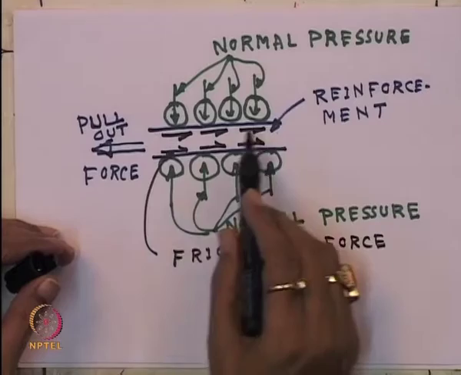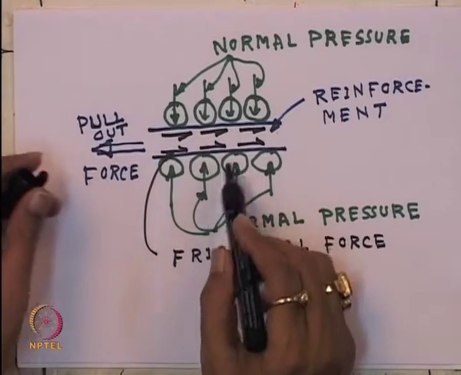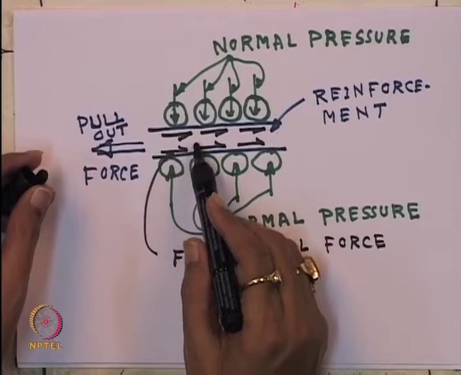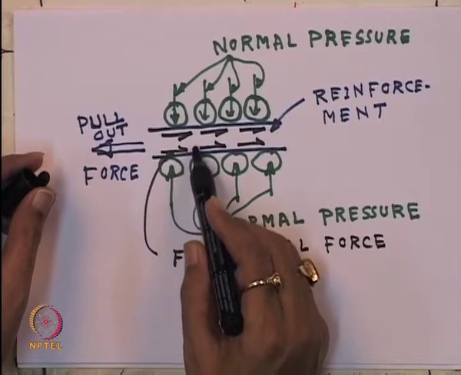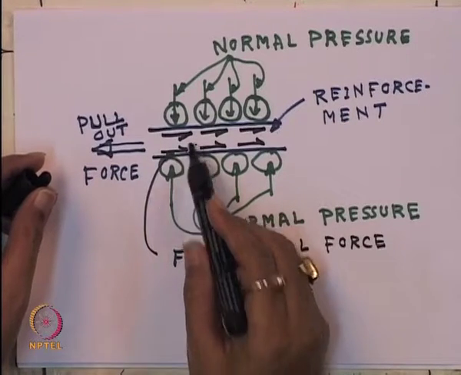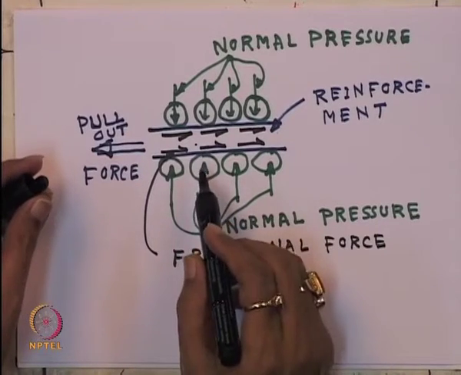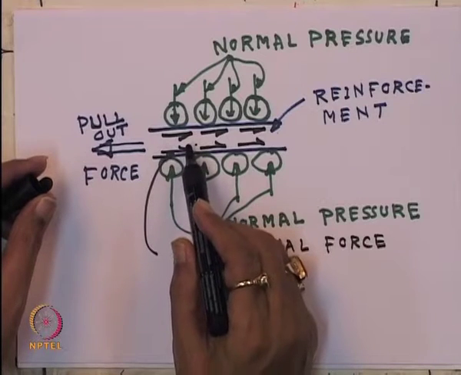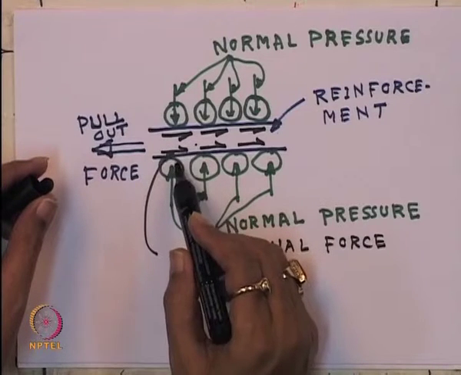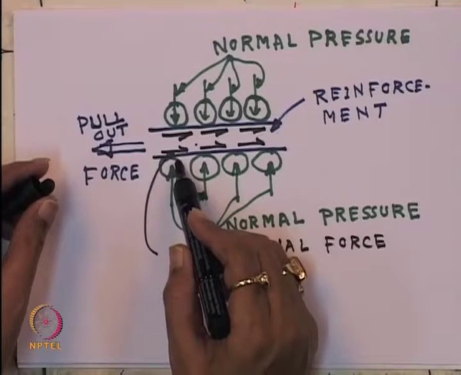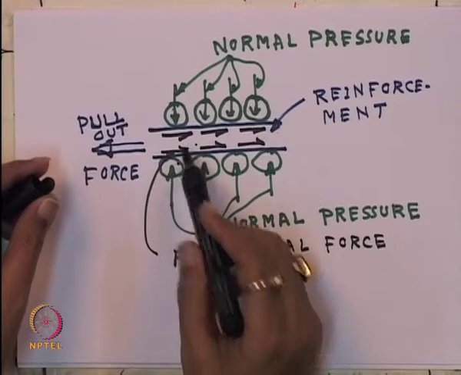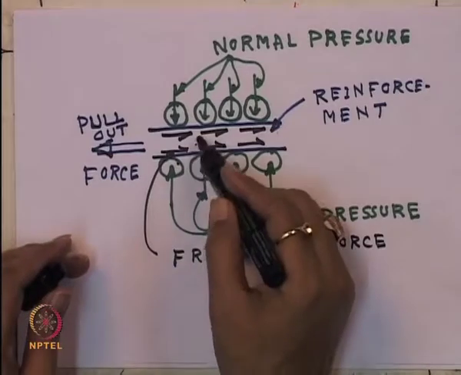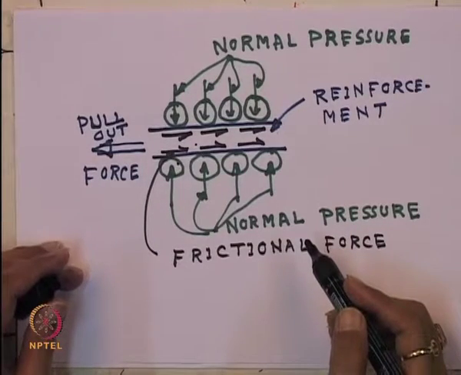So you can see how the frictional stress transfers between the soil and the reinforcement. Now this friction means stresses are transferred from soil to the reinforcement by shear along the interface.